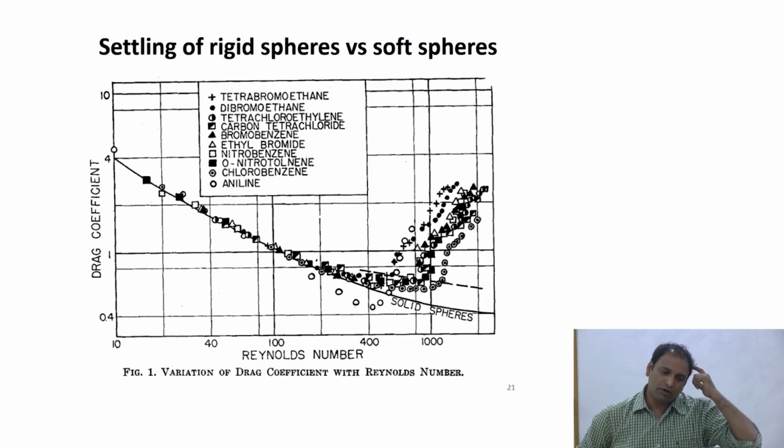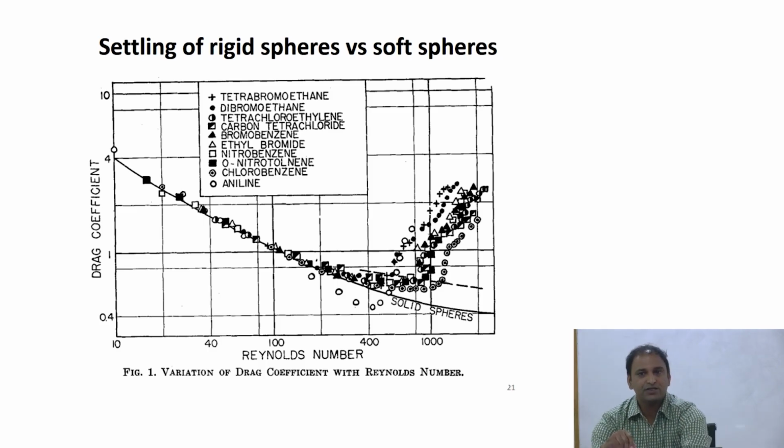This is a plot of, again, drag coefficient as a function of Reynolds number. It appears that for the low Reynolds number cases, for example, Reynolds number from 10 to about 400, roughly, all the data for the droplet seems to be in line with what is expected for solid spheres.